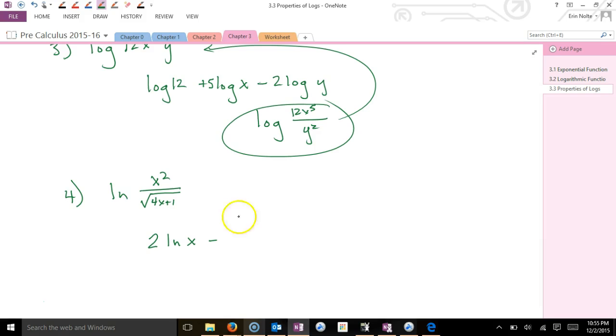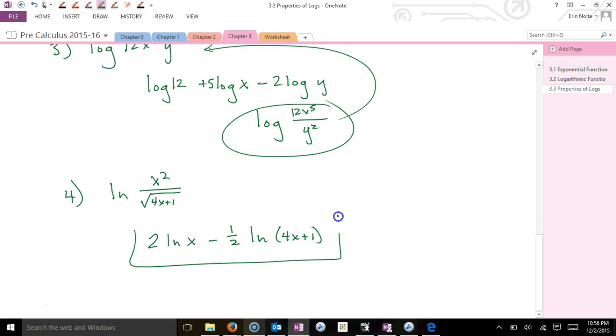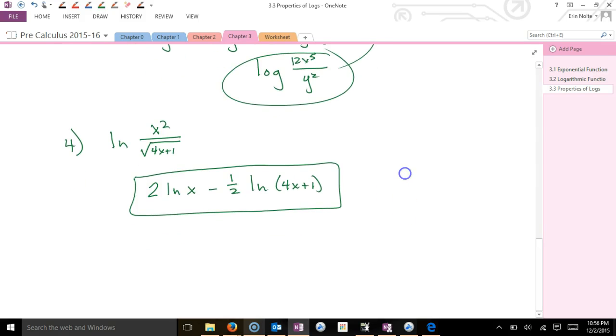Goes in front. There you go. So it goes to minus 1/2 natural log of the quantity 4x plus 1. Okay, so the 4x plus 1 cannot be separated. Must stay together. That's as far as you can go. That one makes sense? Okay, so let's go the other way. Let's do condensed. Condense.